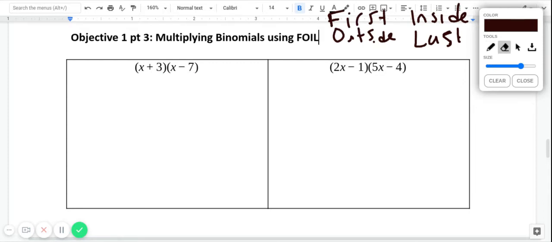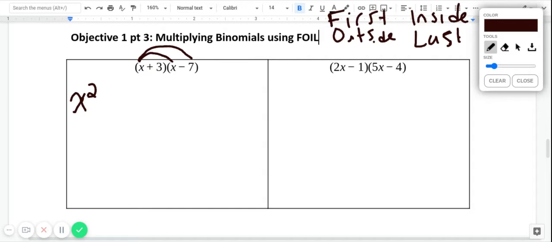So let's go ahead and do this for this first one. So we're going to multiply the first term. So I'm going to take x times x, which is x squared. Now I'm going to take, okay, I guess I should follow the order, O outside. So I'll take this x times the -7. Do you see how I'm really just distributing this x to both the x and the -7?